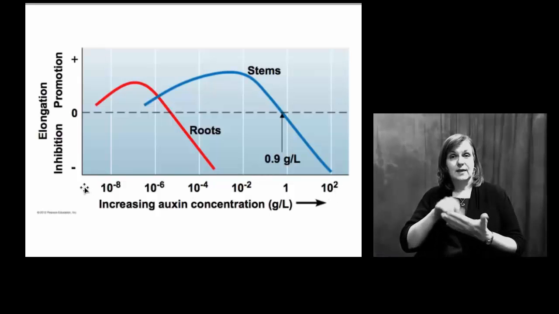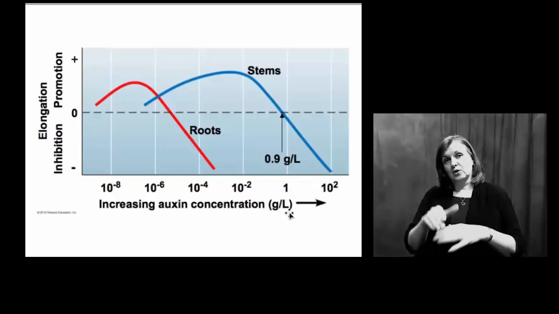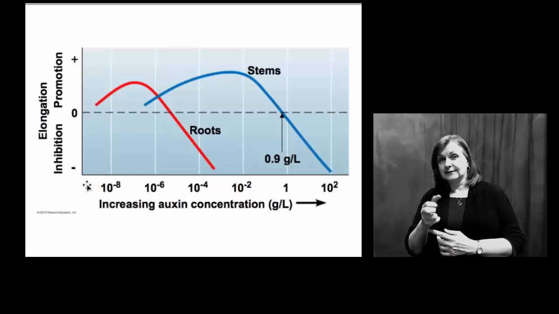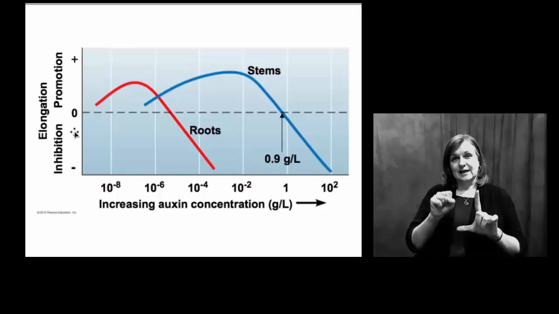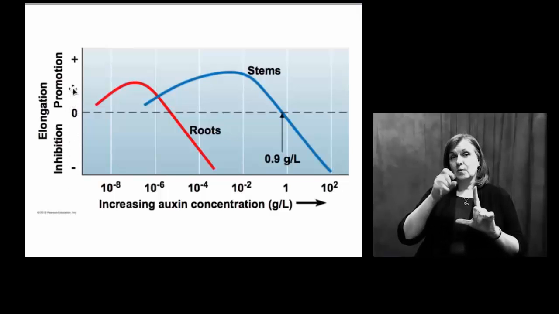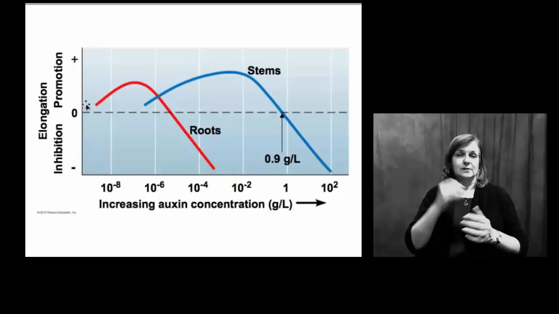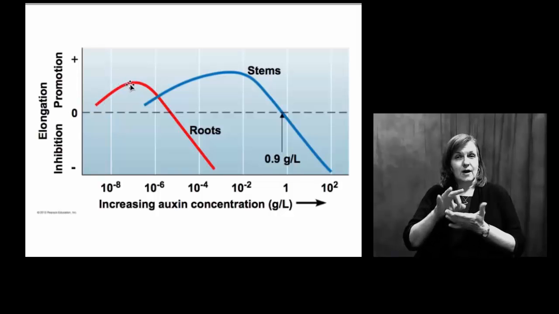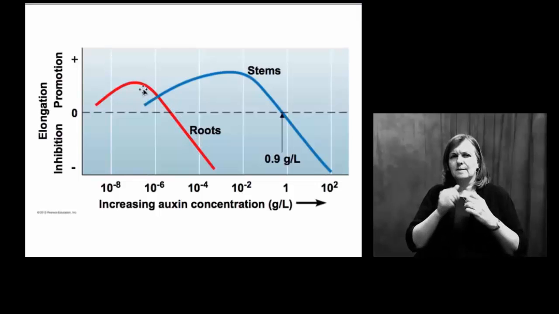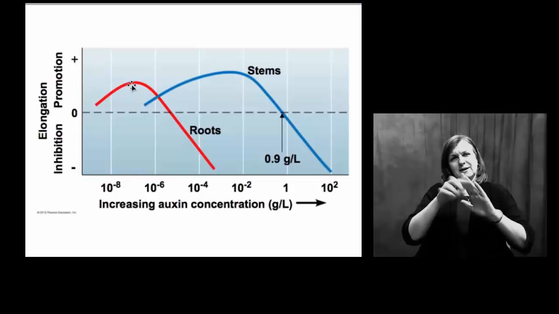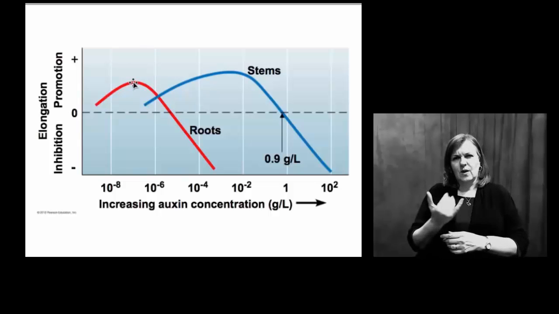So when we look at this figure, we have this increasing concentration in grams per liter of auxin, but we also want to look at the fact that we have two scales on the y-axis for us. We have promotion and inhibition, suggesting that if you have the perfect concentration of auxin, in this case in our root line here, we're looking at about 10 to the -7th grams per liter as a perfect concentration to promote root growth.